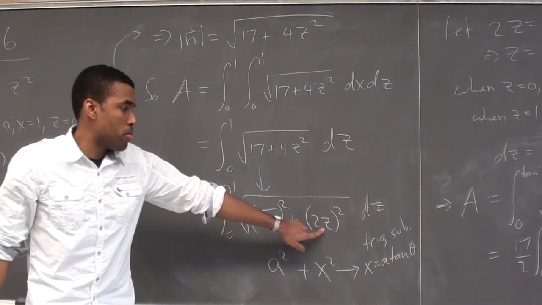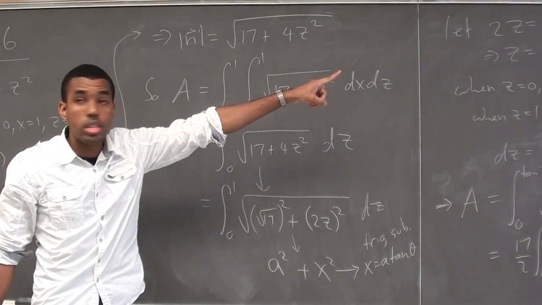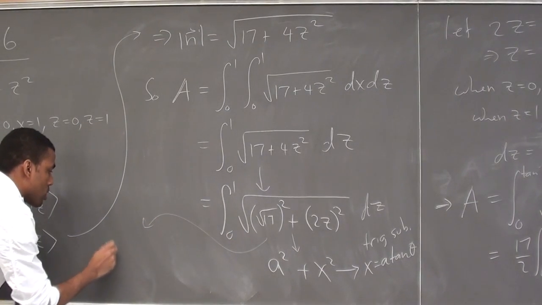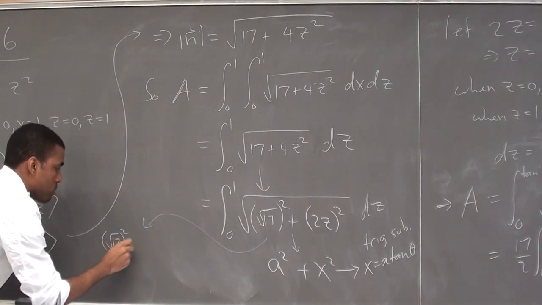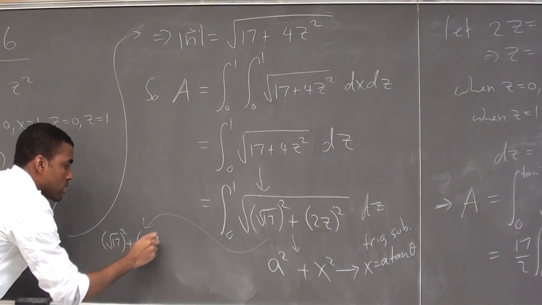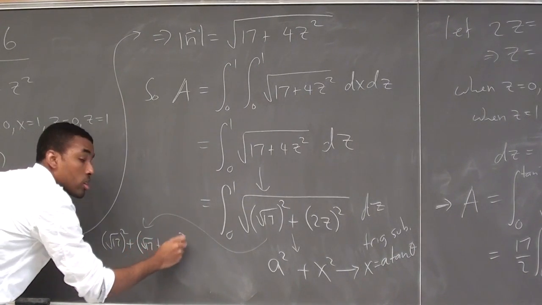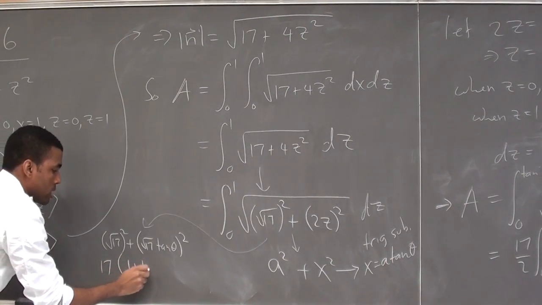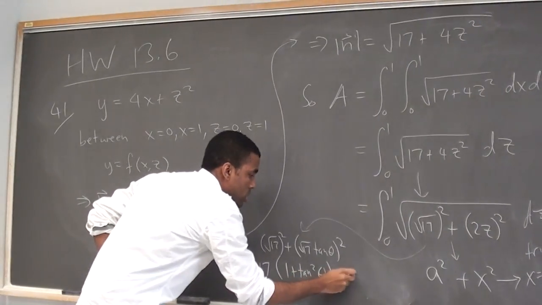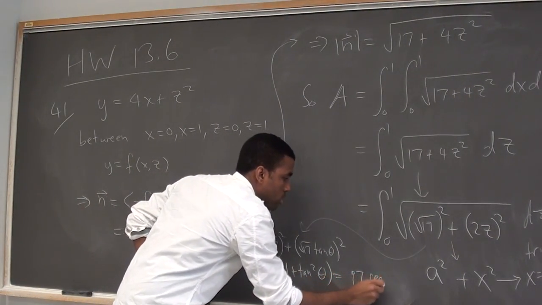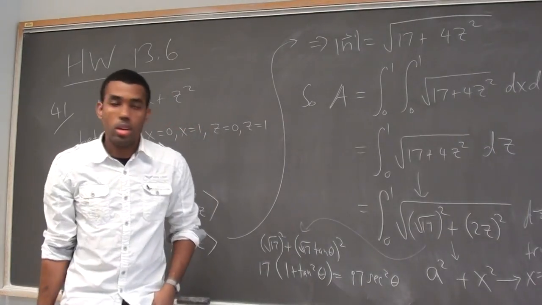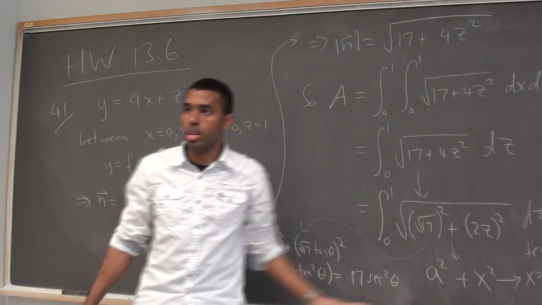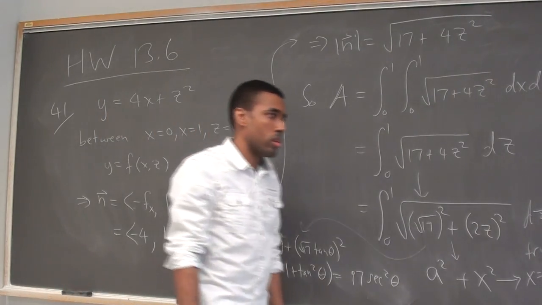If my 2z was radical 17 tangent theta, it means that this would become radical 17 squared plus radical 17 tangent theta squared, which I can factor out 17 and I would get 1 plus tangent squared, which gives me 17 secant squared. I plugged that in here, and then I used trig identities to simplify that.